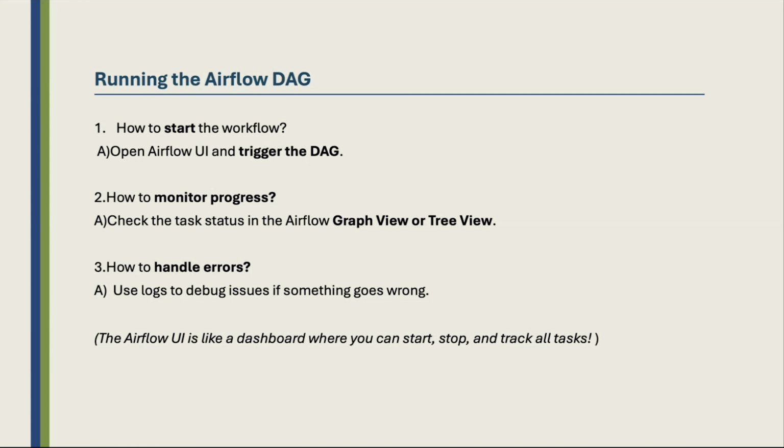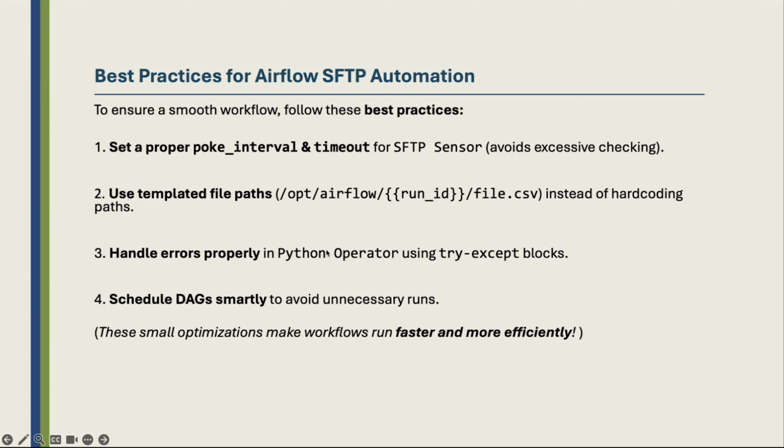Running on the Airflow DAG, first we start the workflow. We will create a DAG, trigger it, monitor the process, and handle all the errors. Then we define how the scheduling process will work. Coming to the best practices, it's always recommended to schedule the DAG smartly and avoid unnecessary runs, like scheduling every hour when the data is not ready.